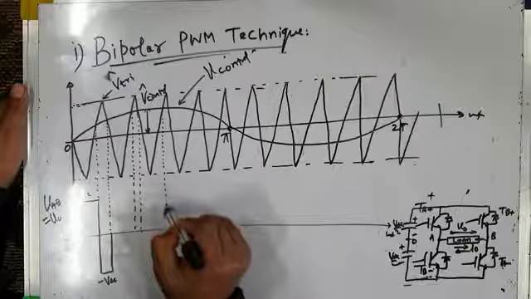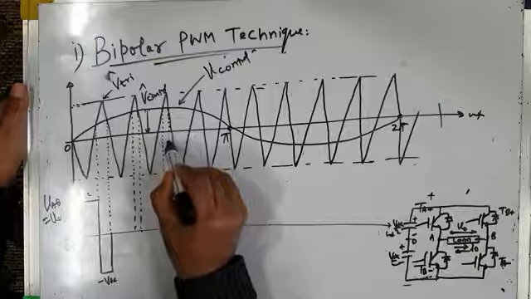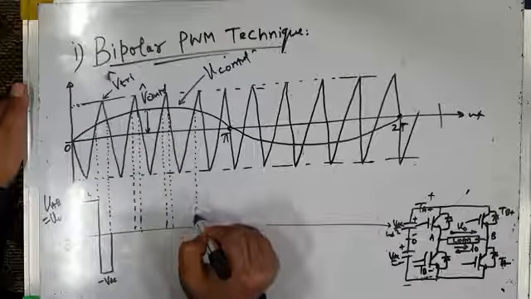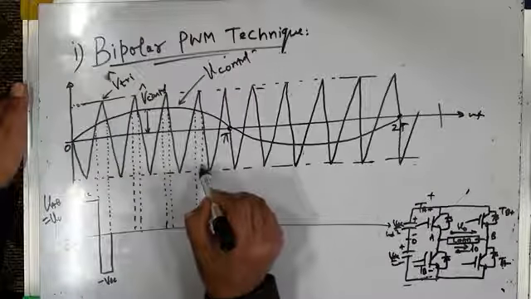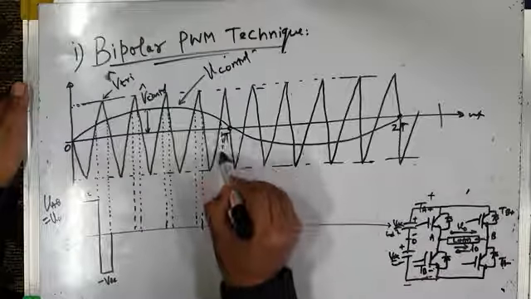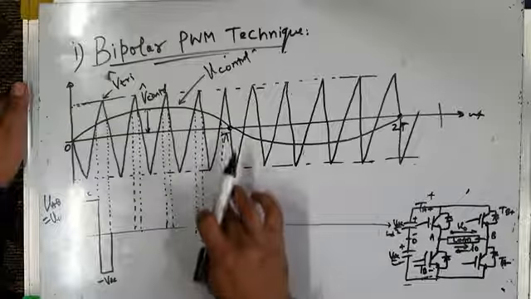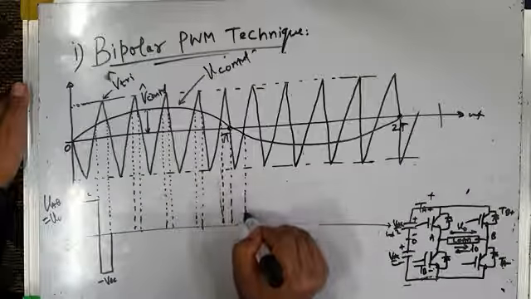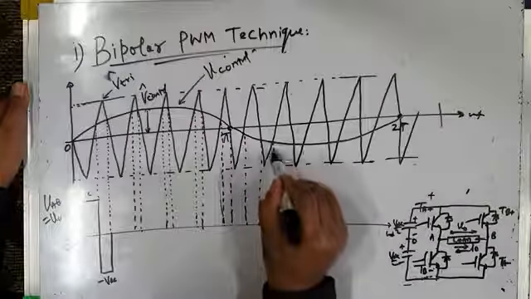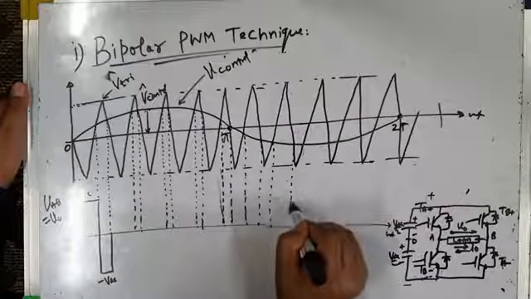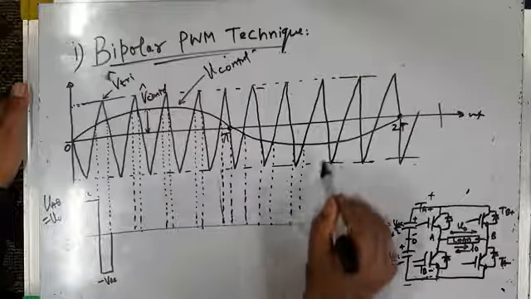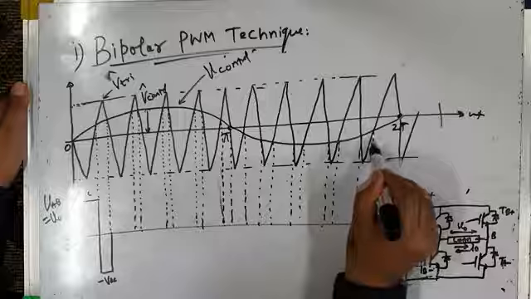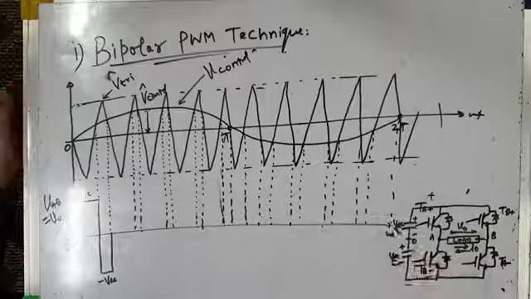Very carefully we have to draw these points of intersections. That's it.